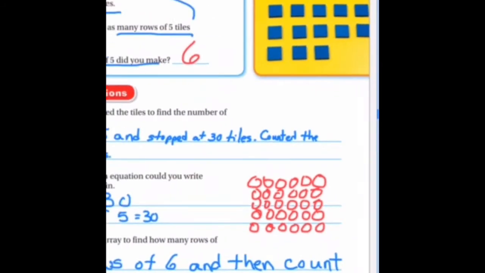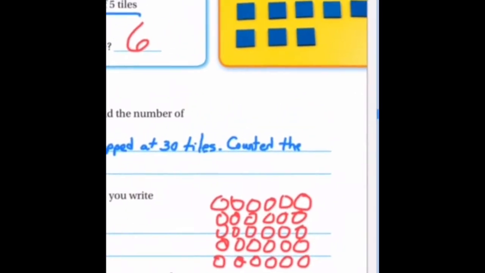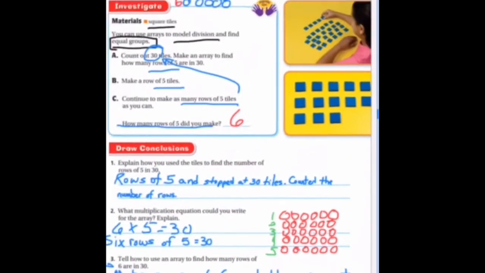So that one's different than the first one I made because I have rows of 6 instead of rows of 5. And then I ended up not with 6 rows, I ended up with 1, 2, 3, 4, 5 rows. So I have 5 rows of 6 instead of 6 rows of 5.